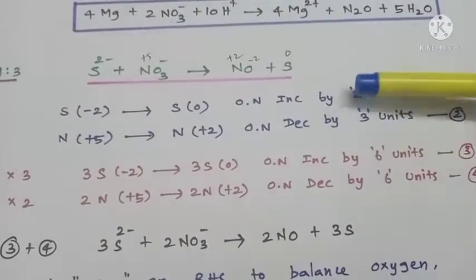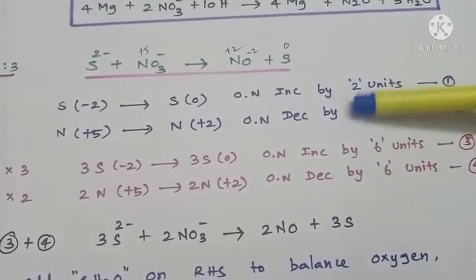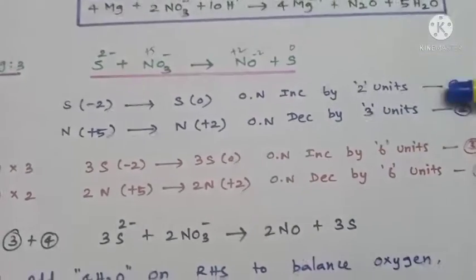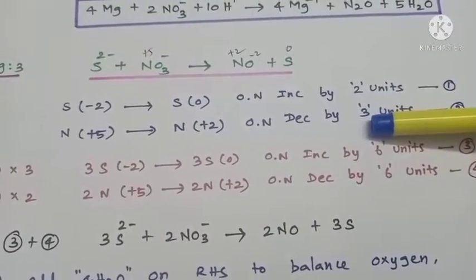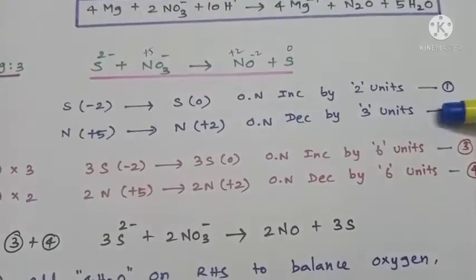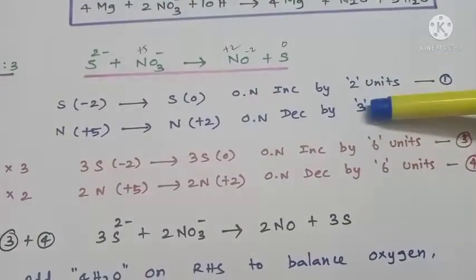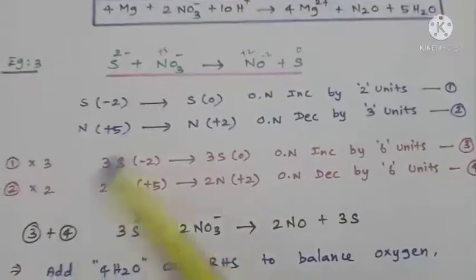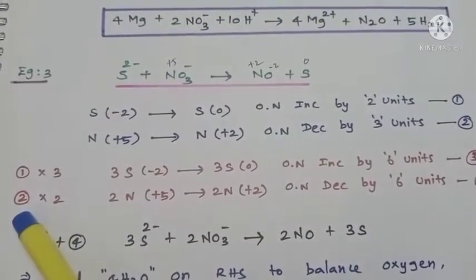One is an odd number, another is an even number. Even and odd, now you have to do cross multiplication. Equation 1 has to be multiplied by 3, so it becomes 6 units. Then equation 2 you have to multiply by 2, so this also becomes 6 units. So equation 1 into 3, equation 2 into 2.